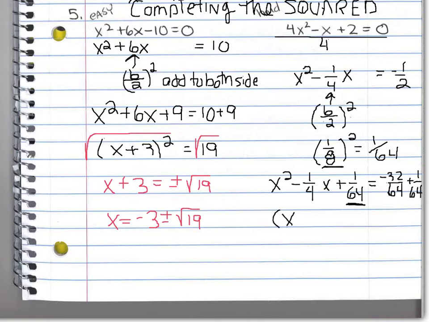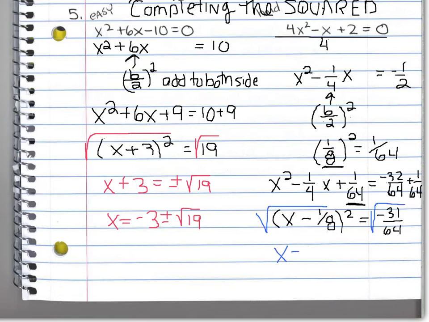So this will be x minus 1/8 squared is equal to negative 31/64. I now have the squared term isolated, so I'm going to square root both sides.